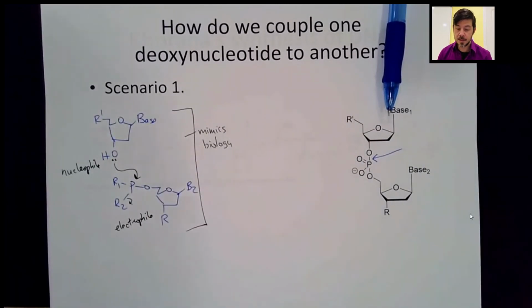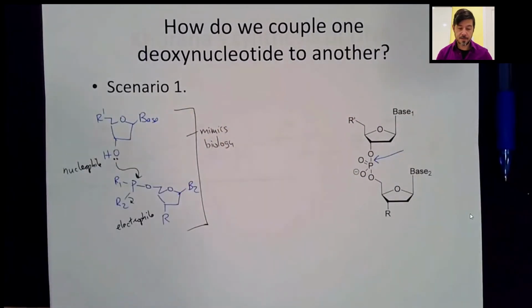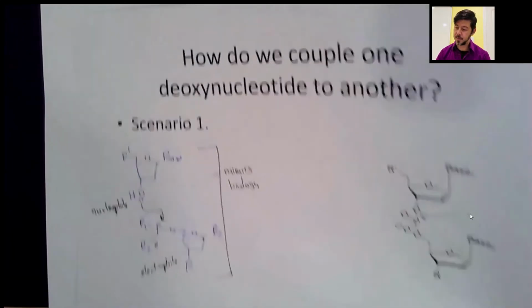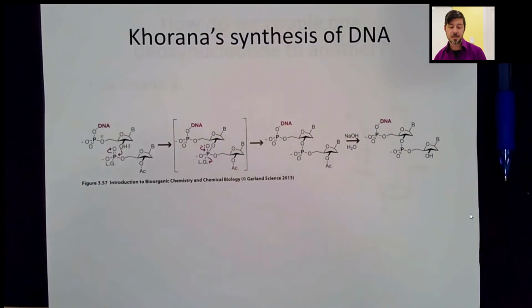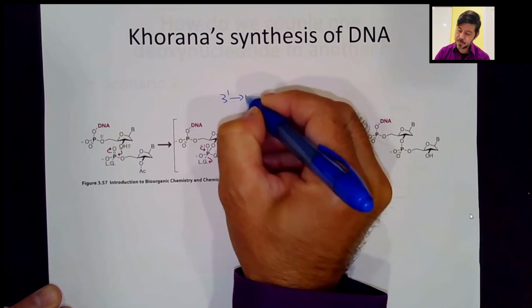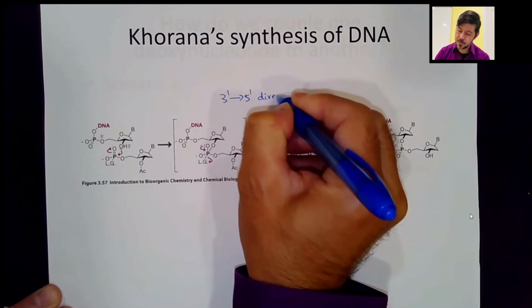Okay, so that's a very logical first step, and in fact this is what was done a long time ago. This is also known as the Corona synthesis of DNA, synthesized in the 3' to 5' direction.